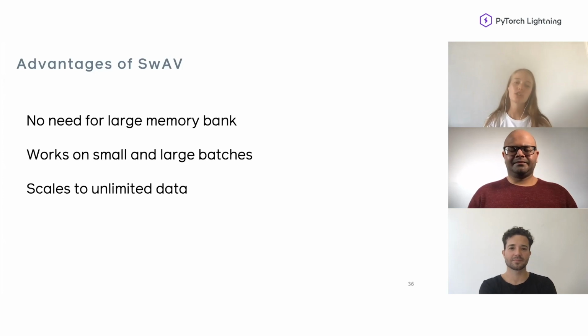Some of the advantages of our formulation are that you do not need a large memory bank, and it works on small and large batches. For small batches, you can use the previous batches to improve your cluster assignment. And as it's an online method, it scales to unlimited data, so we can train it on billions of images.